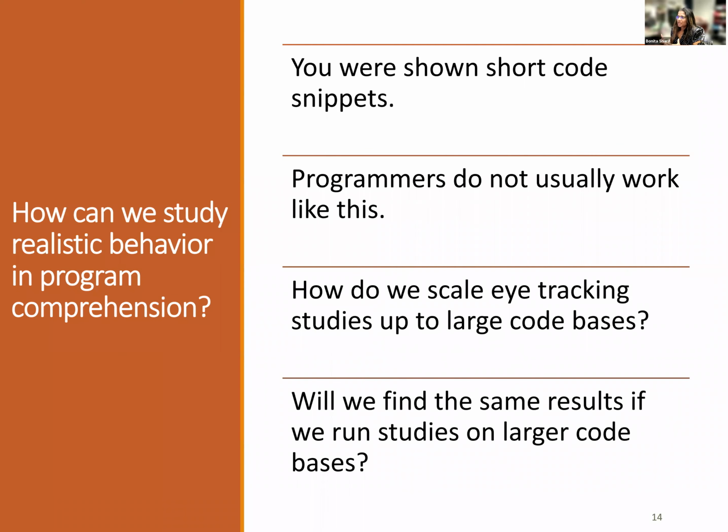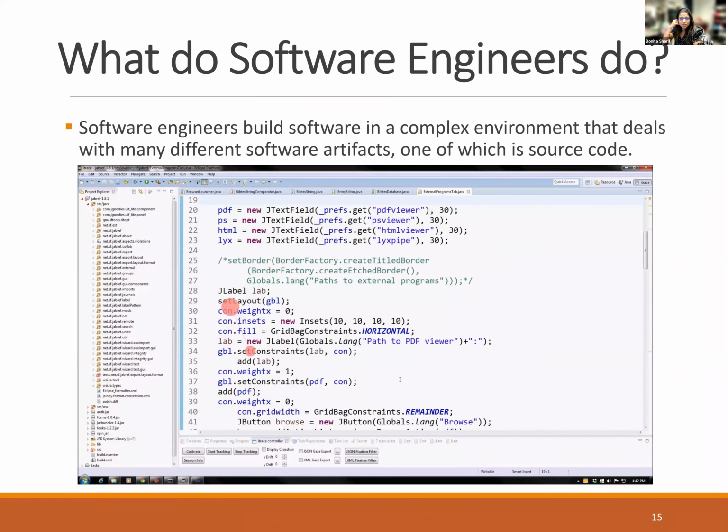So the question was, how can we study realistic behavior in program comprehension? Because this is not how programmers work. And this is a threat to validity because, if we find some results on small code snippets, does this scale to larger code snippets, or the larger ways in which programmers actually work in the field? If you see what software engineers do, they typically work in an IDE, an integrated development environment, such as this one.